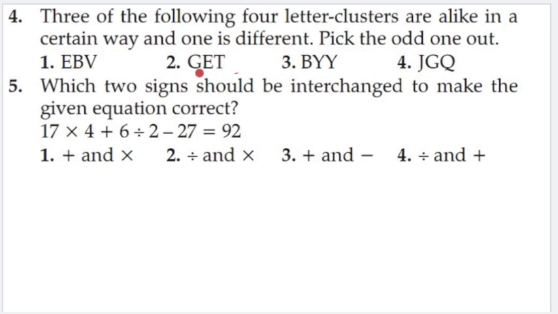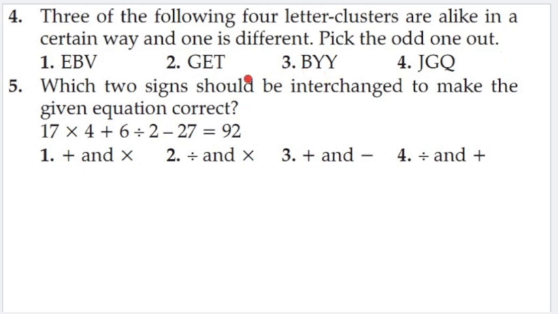If you see E F G, so E plus 2 gives G, but that doesn't give any pattern. If we see BYY, also there isn't much of a pattern, and JGQ also there isn't much of a pattern.